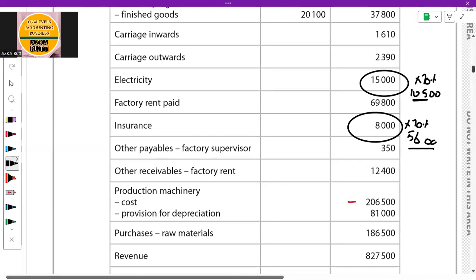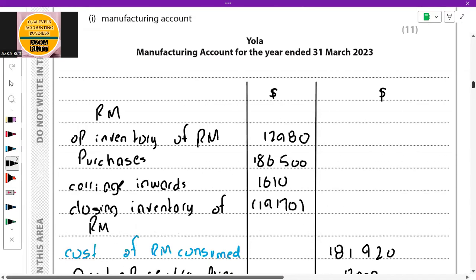Now let's move forward. For making the manufacturing account, first of all, we have to write the cost of raw material. So I have written the raw material. The opening inventory I am going to write here should be in the form of raw material.